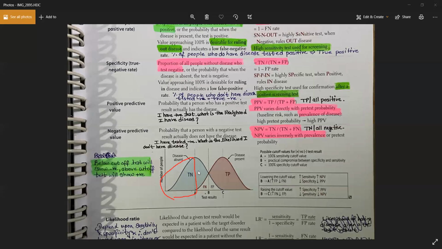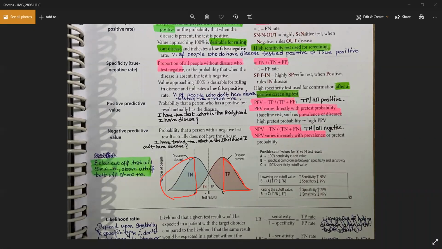Similarly, if I increase a cutoff value for a certain test and the patient gets a positive result, like from here, then I can say there is a 100% chance this patient has the disease, which means a good positive predictive value.